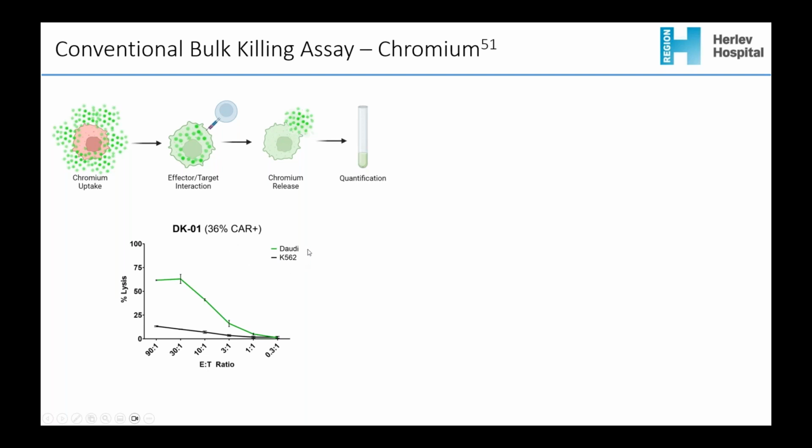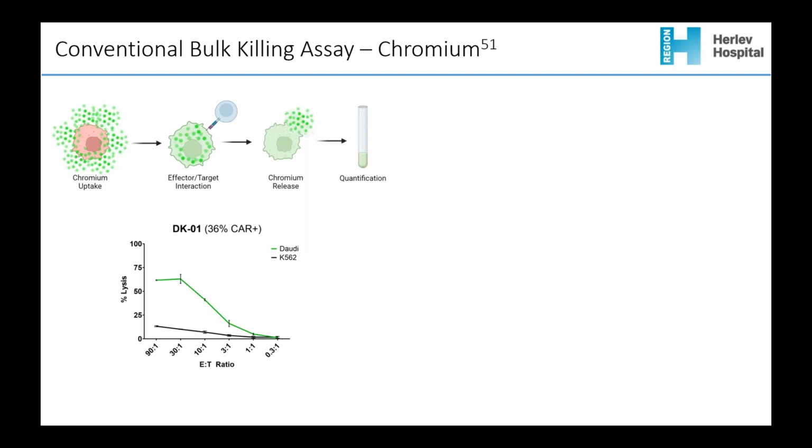The target cells here are the Daudi cell line, which is a CD19 positive cell line, so the CAR T cells can interact with them and hopefully kill them. The K562 are a CD19 negative cell line, so they should not be killed by the CAR T cells. So we see exactly what we would expect here, killing in the Daudi populations.